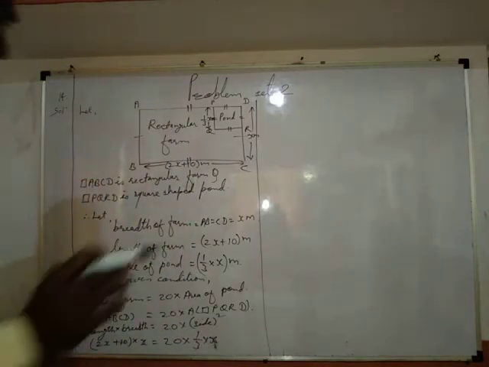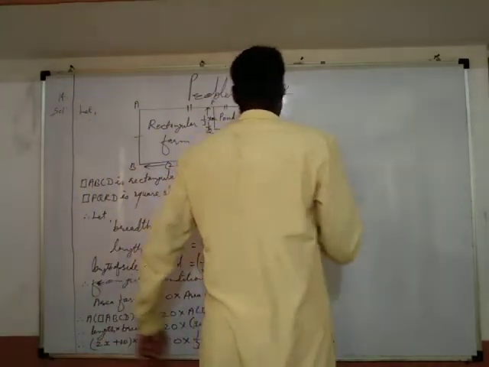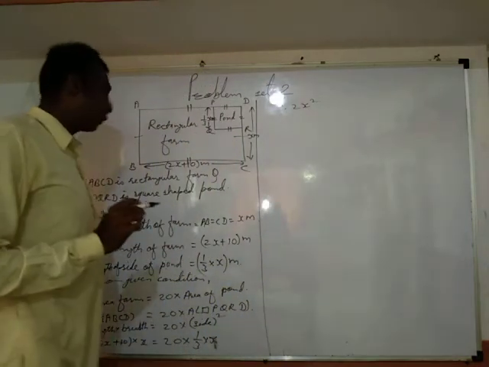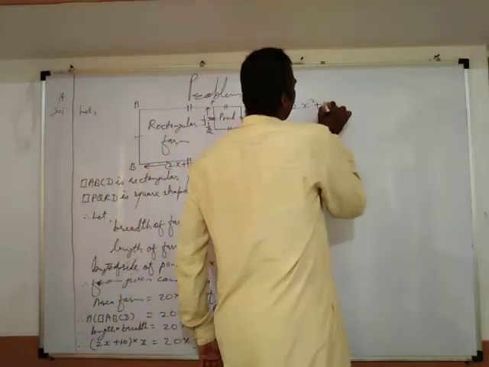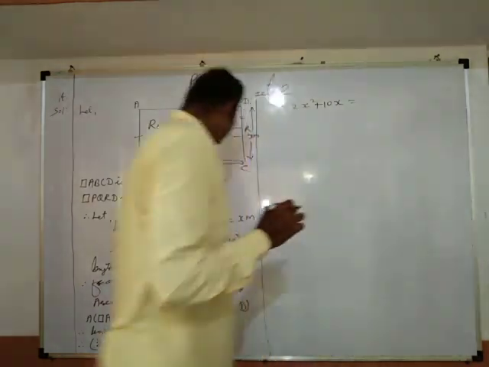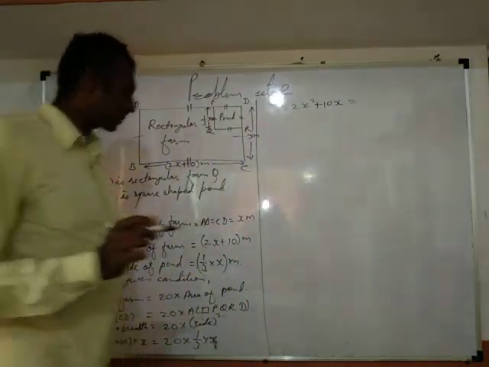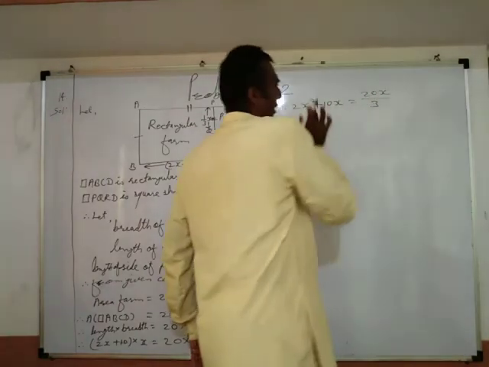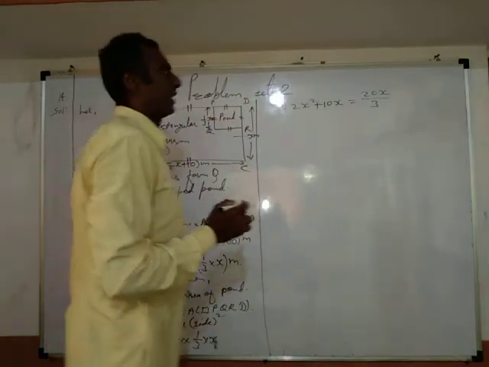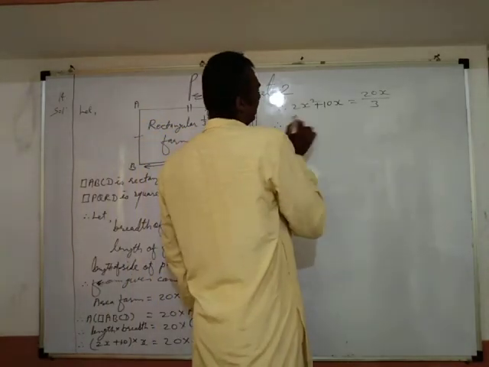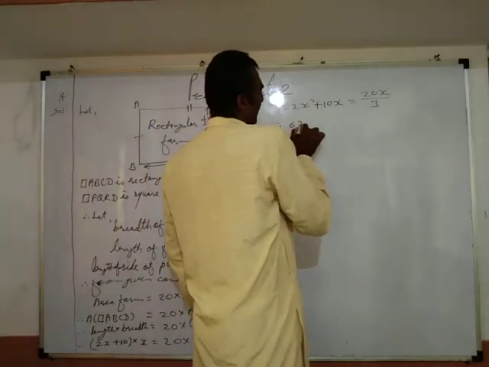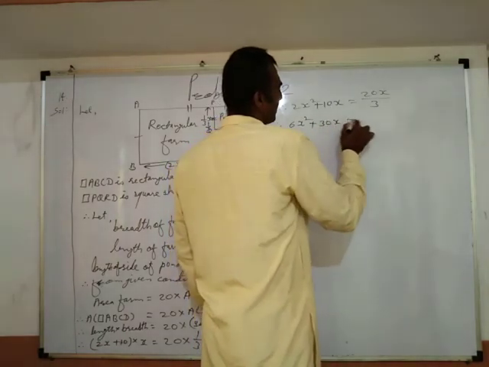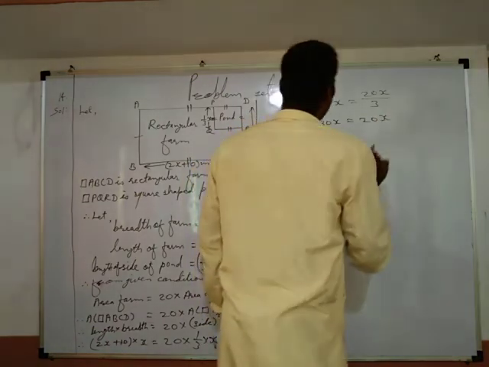On simplification, we are going to get here x into 2x gives us 2x square, x into plus 10 plus 10x. That equals 20 into 1 into x, 20x upon 3. On transfer of those 3 towards left side, it gives us 3 2s are 6x square plus 3 10s are 30x equals 20x.